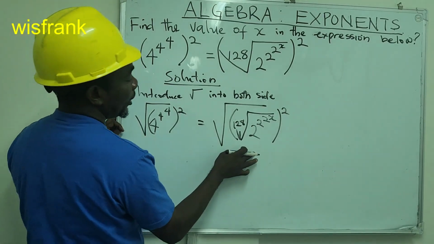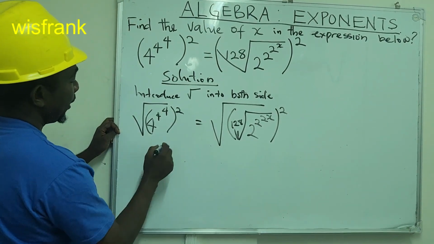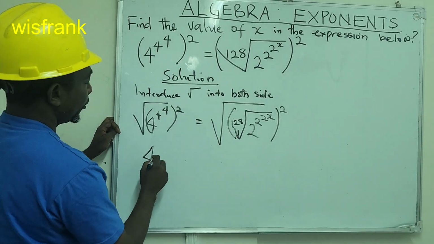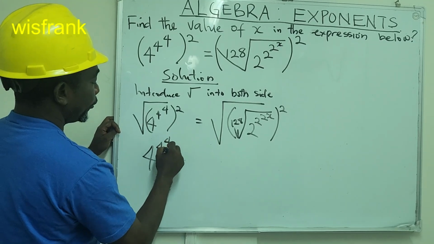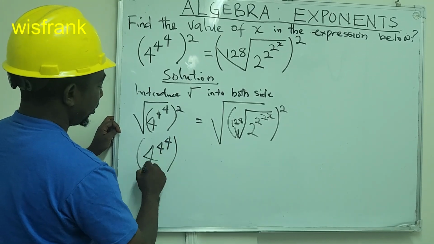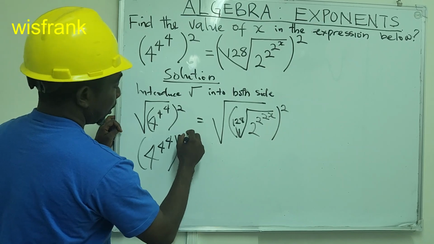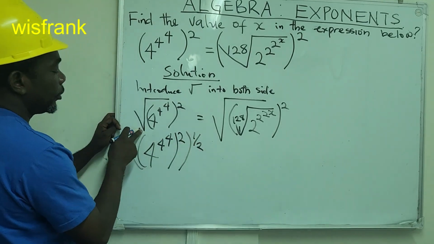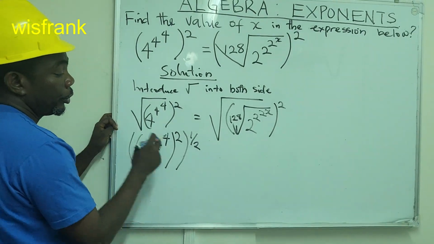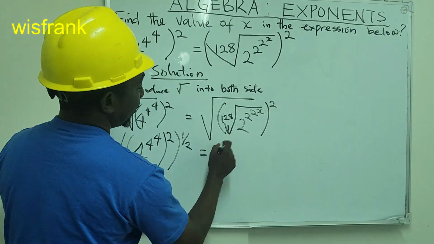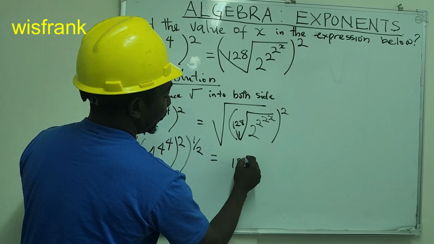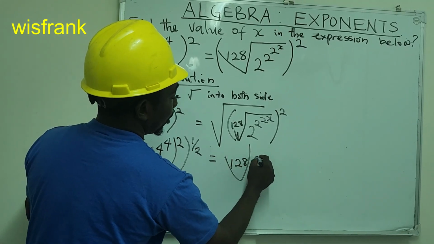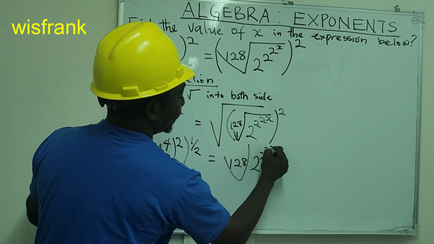This square root is the same thing as raising to the power of one over 2, because of the square root that we introduced. We still have the same thing on the other side.